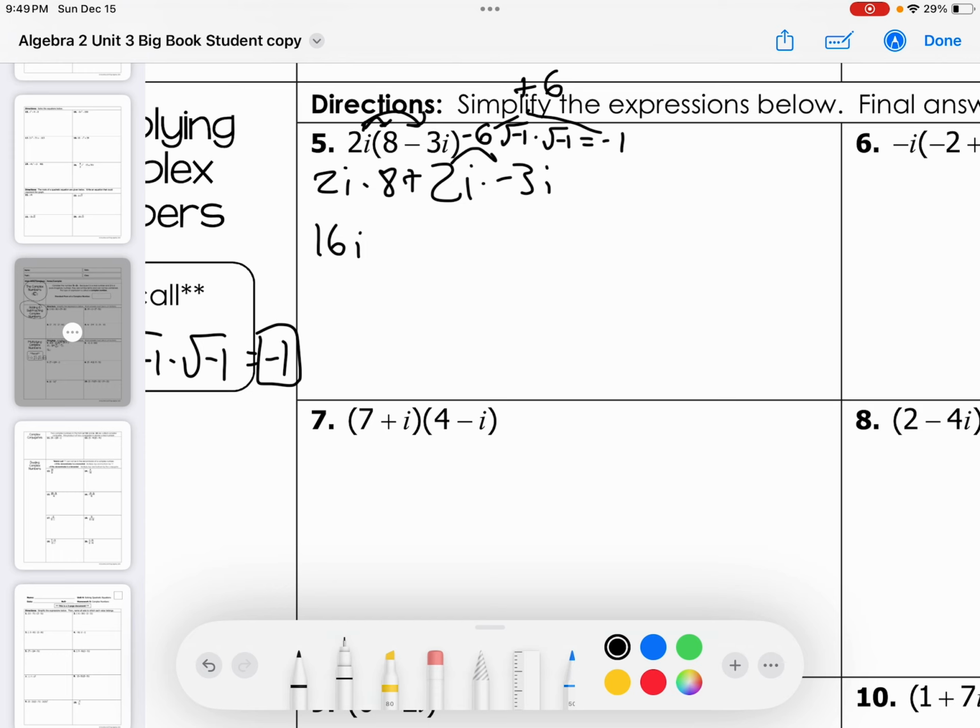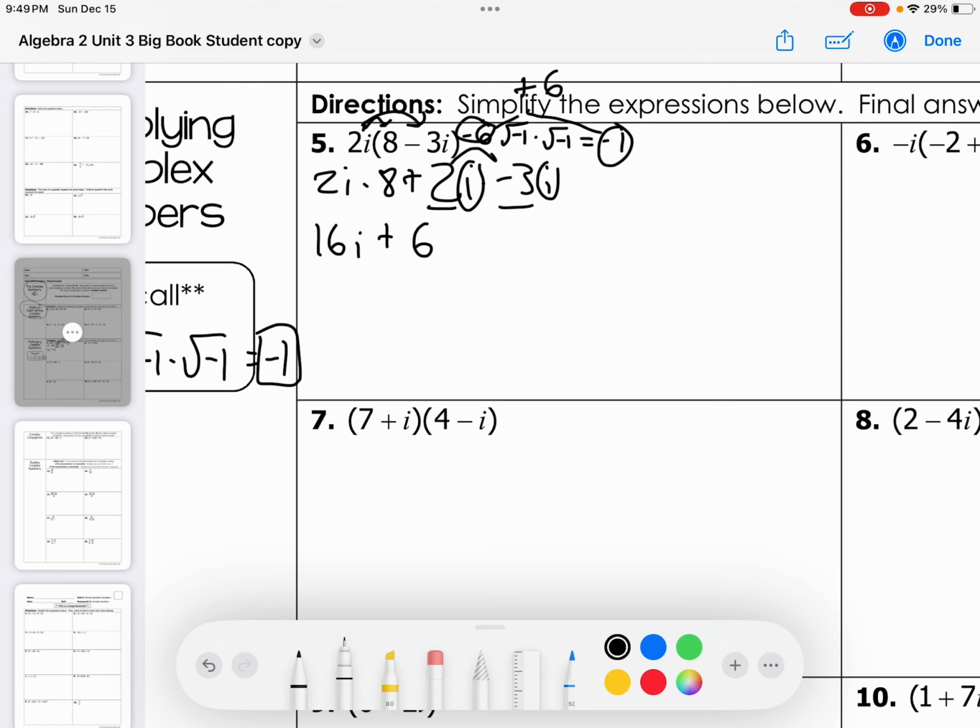So this is going to be +6. I know that's a little bit confusing. We're going to do a couple more examples to show you. But with the 2 times the -3, we get -6. With the i times i, we get -1. And -6 times -1 is a +6.